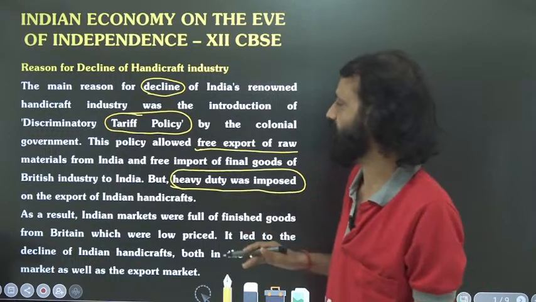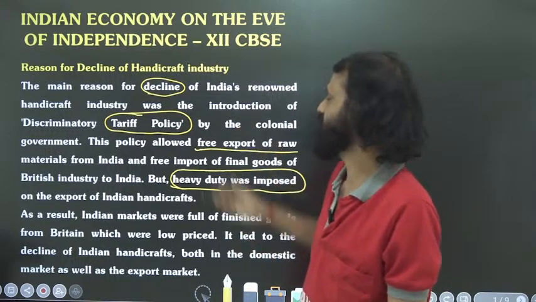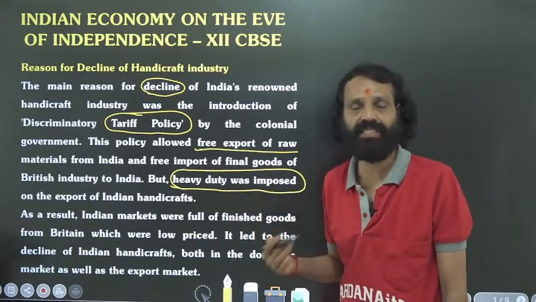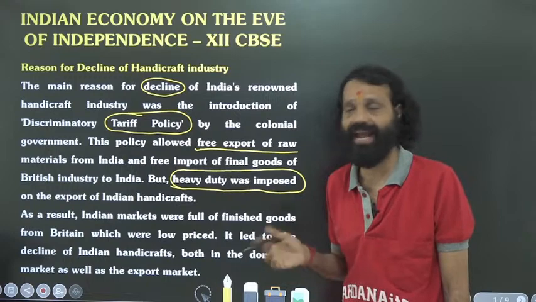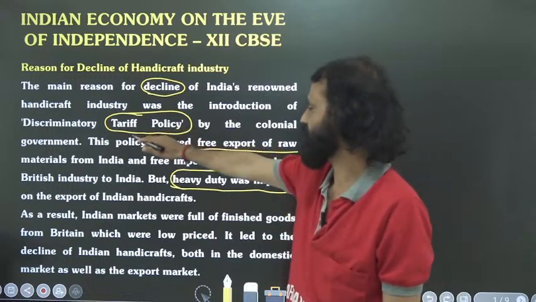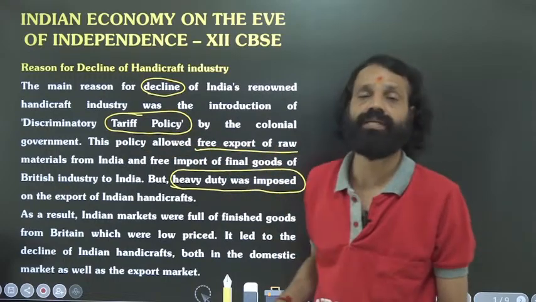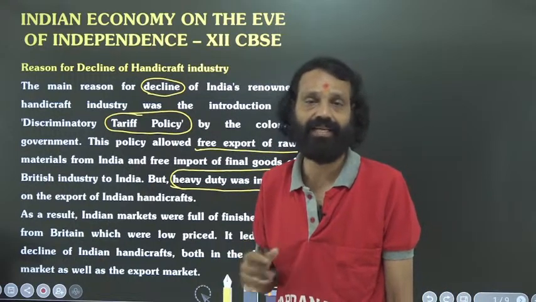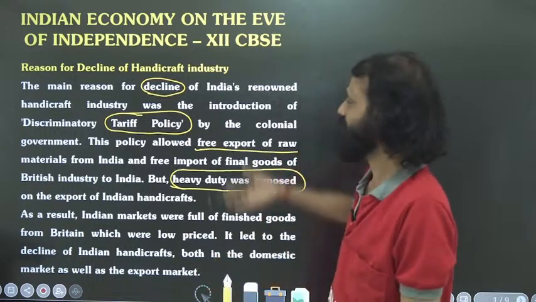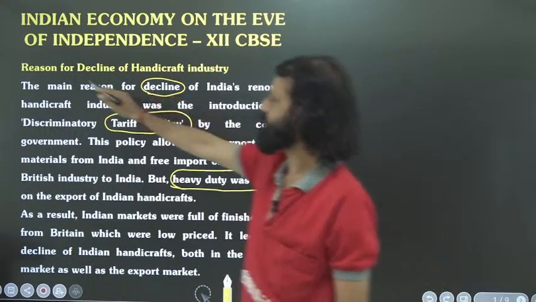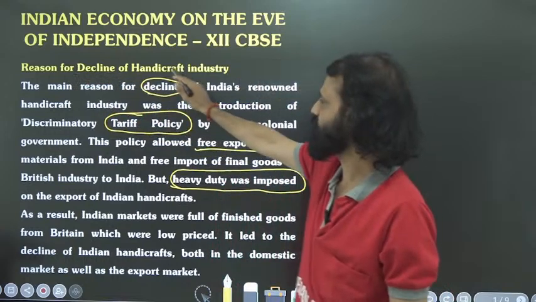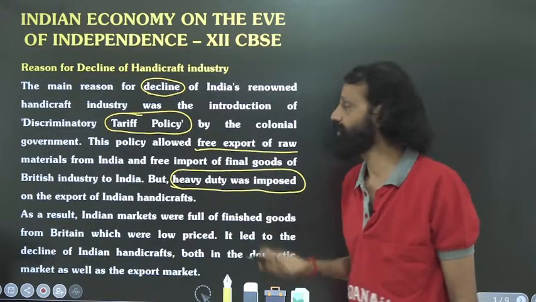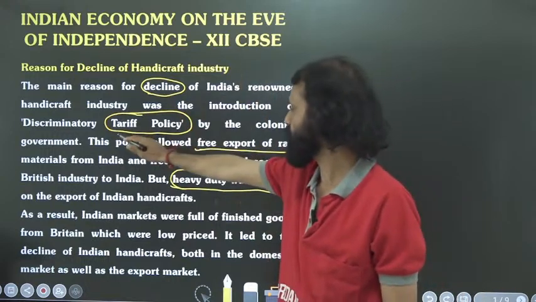Mainly their policies, very often they created new economic policy, tariff policy and land reforms, and all of those were destroying India's economic growth. Here we are studying the reason for the decline of the handicrafts industry, how they destroyed it because of their new tariff policy.